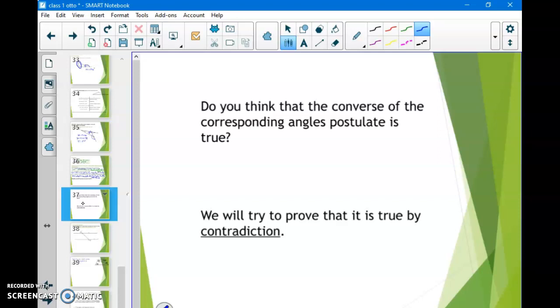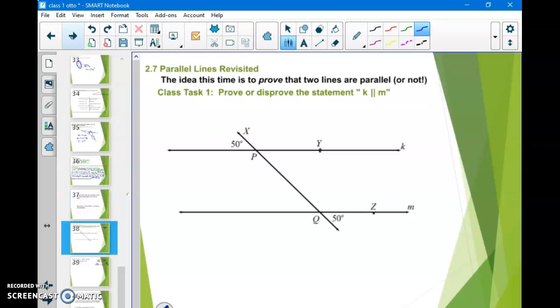All right. So do you think that the converse of the corresponding angles postulate is true? Converse of a postulate. Let's try to do a little bit of a proof by contradiction. So if we look at this, and I do the assuming, I'm going to assume that if they're not parallel, this line and that line at some point are going to meet, right?